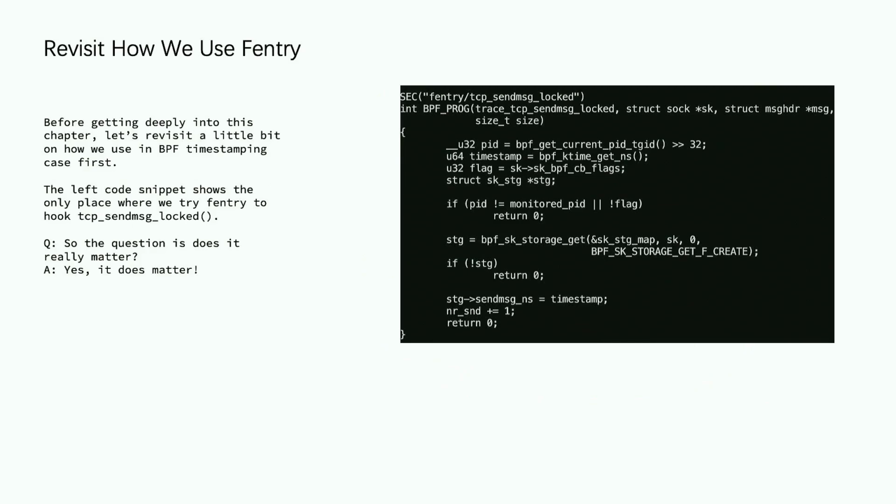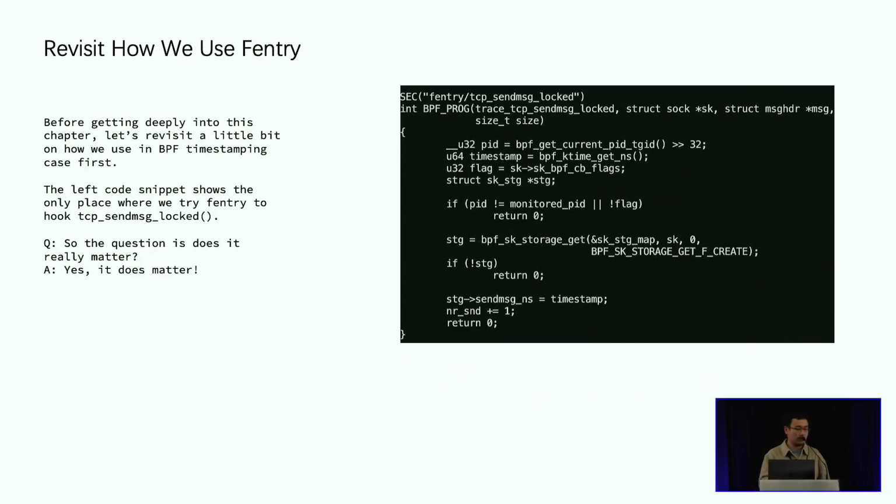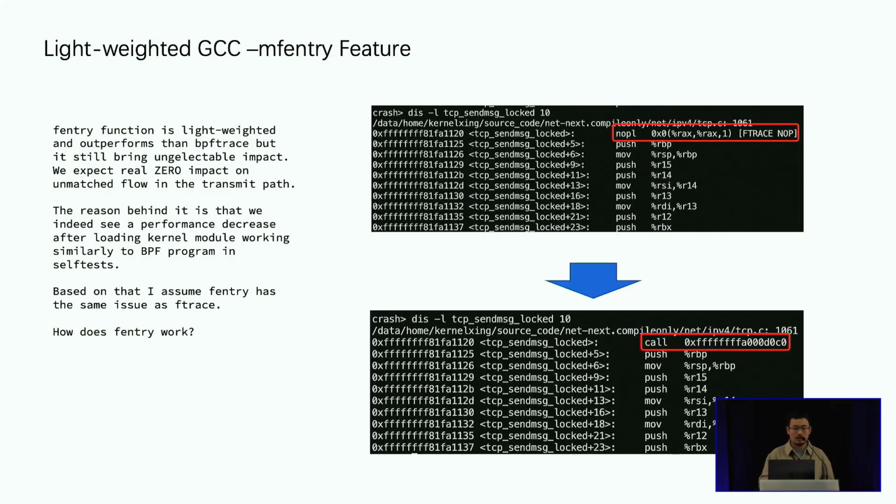Let's revisit a little bit of how we use the fentry, and take a look at this black picture. The code snippet shows that we use the fentry to hook this point. And I like the fentry feature. It is very lightweight, and it only replaces a few bytecodes of the certain function.